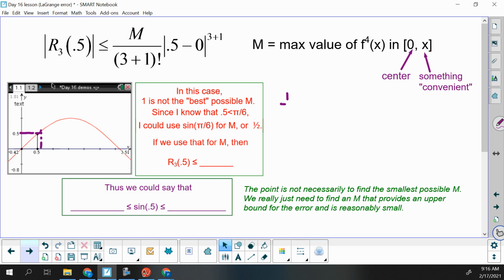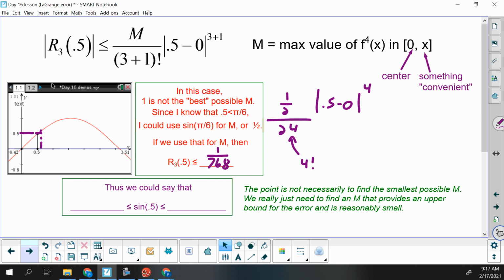So all that would have changed for our remainder is we would have had a half over 24, and then we would have had the absolute value of 0.5 minus 0 to the fourth. And I should specify that 24 is coming from the 4 factorial. And if we did that out, that would give us 1 over 768.